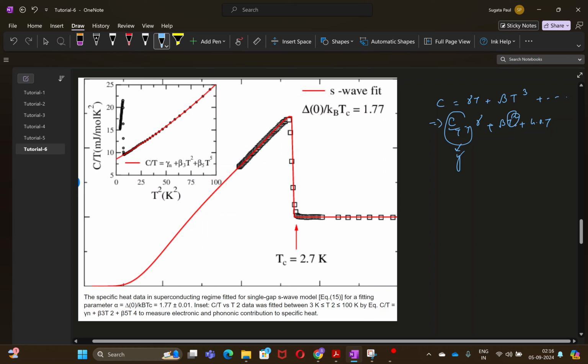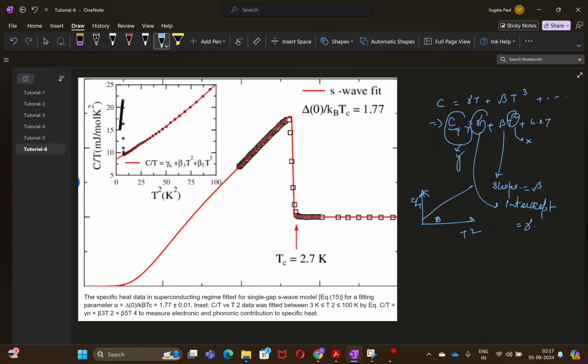So that means if you plot C by T versus T square, with C by T on the y-axis and T square on the x-axis, then you have this beta as the slope of a straight line. You get a straight line, and the slope gives you the beta value, the lattice contribution, and the intercept gives you the electronic contribution, the Sommerfeld constant gamma, and obviously there are higher order terms present.